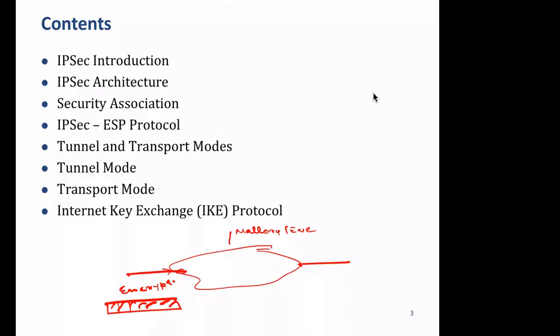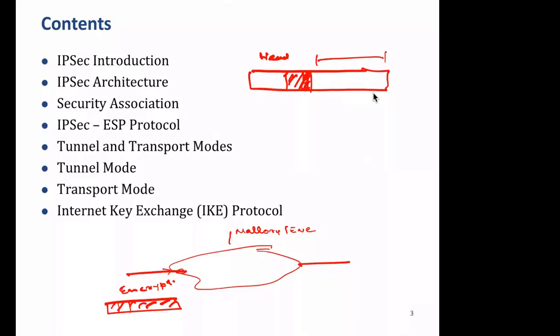First, let the header stay as it is in plain text, and then put an additional field which will tell you what kind of authentication you're doing, etc. Then authenticate the whole thing and put the authentication result somewhere in this.